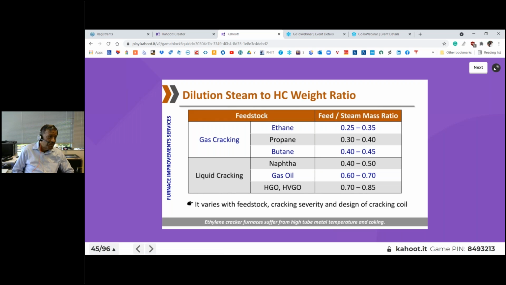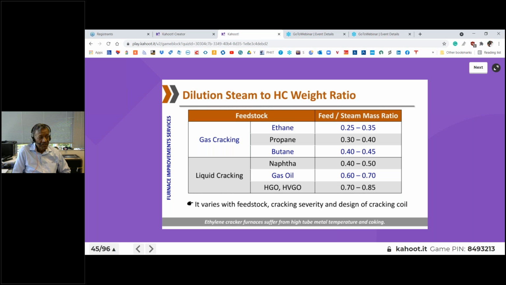So for the dilution steam to hydrocarbon weight ratio, if you have ethane feed, you will be doing around 0.25 to 0.35. If you have butane, 0.4 to 0.45. In liquid cracking, if you have naphtha as a feedstock, 0.4 to 0.5. Or if you have a heavy stock, you may go up to 0.7 to 0.85.